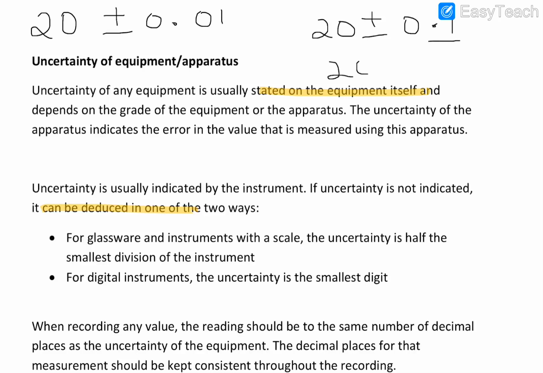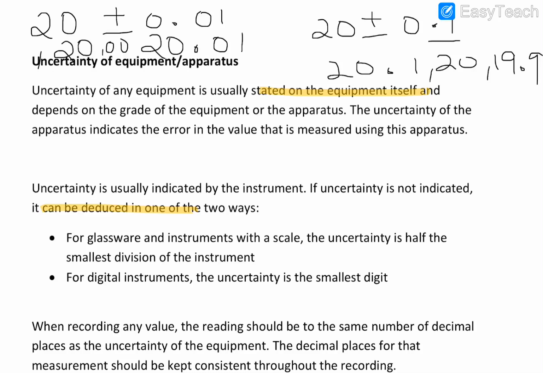It could be 20.1, or 20, or 19.9. The other could be 20.01, or 20.00, or 19.99. So as you can see, the higher this value, the less accurate it is. The smaller this value, the more accurate it is.